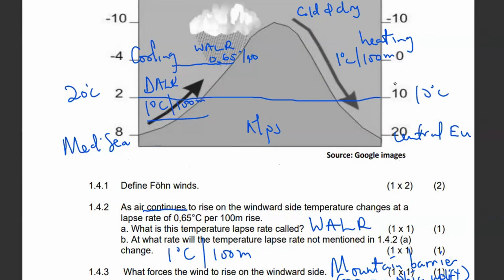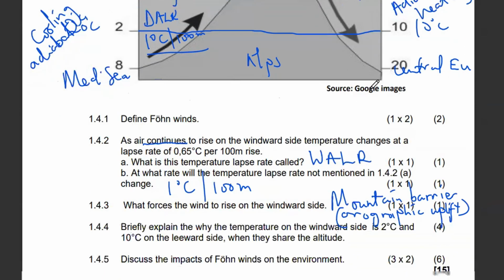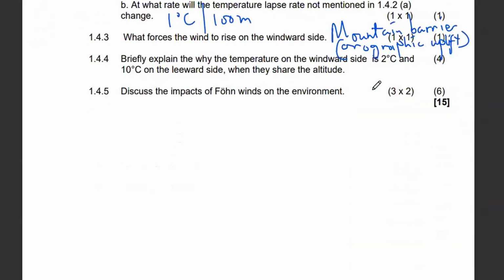Why? On the windward side, there's adiabatic cooling, and on the leeward side, there is adiabatic heating. That is why the temperature is lower here, because the air is cooling down. But as it's descending, the air is now heating up. So at the same altitude, we have different temperatures for that reason.